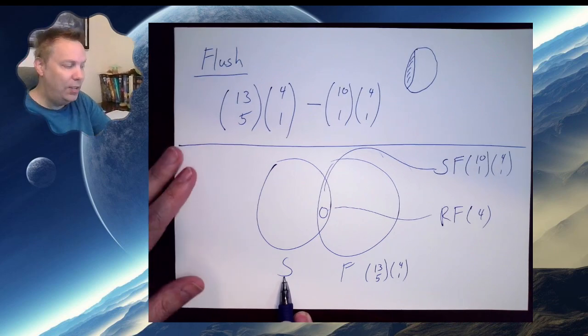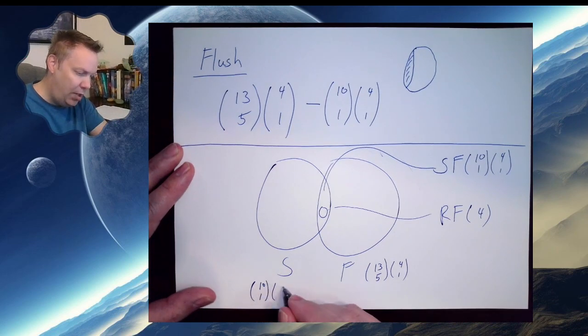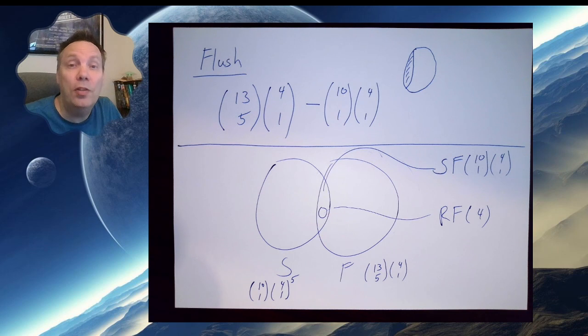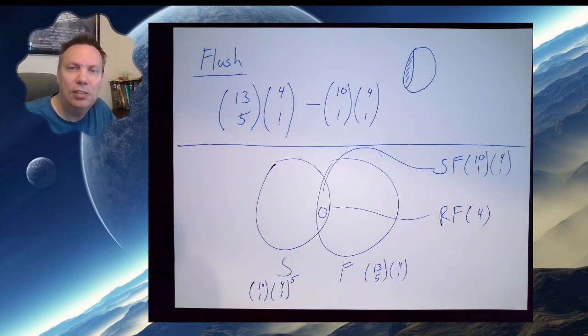The number of straights involved was we pick the lowest card and then we pick 1 suit for each of the 5 cards, I should say. And now it's a matter of interpreting all of this in terms of counts.